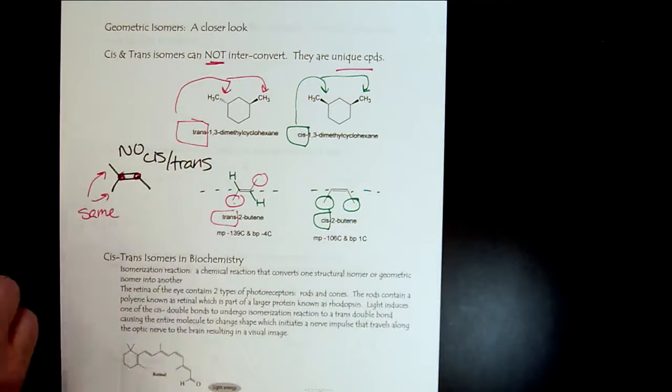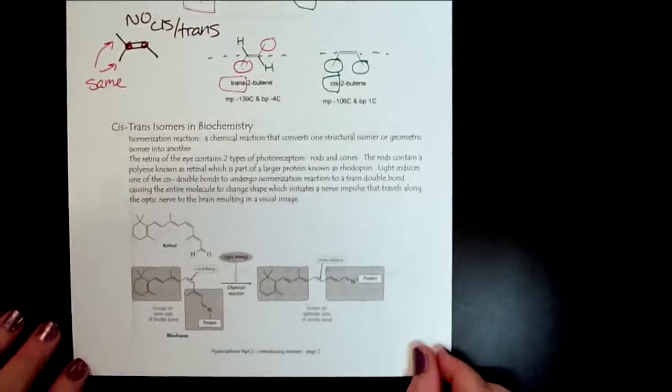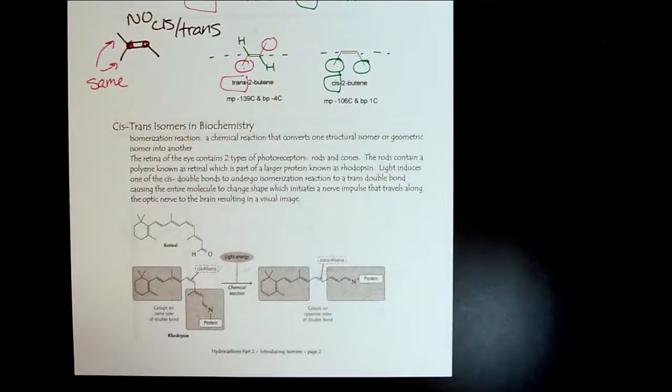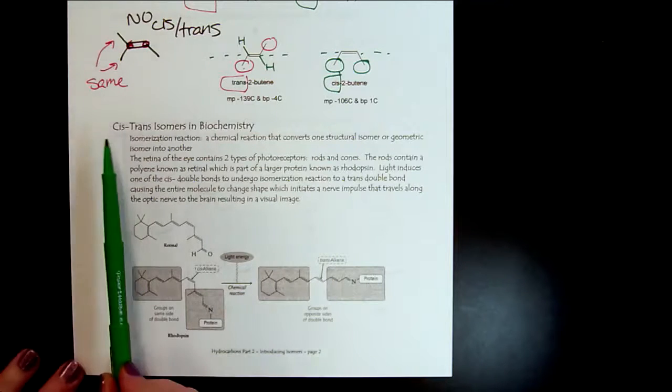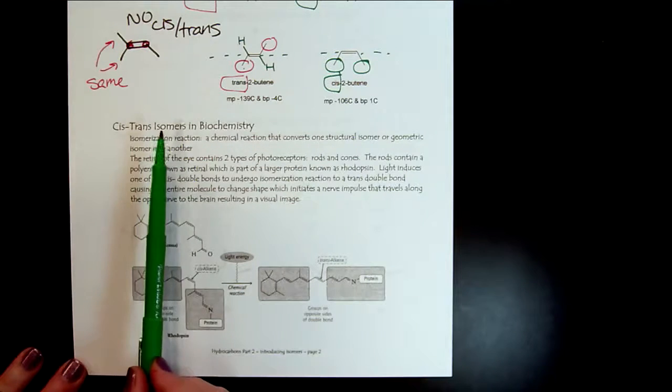And so why do we care about this? Well, it's pretty trippy. Right now, the fact that you can even see this video is taking advantage of the interconversion of cis trans isomers.